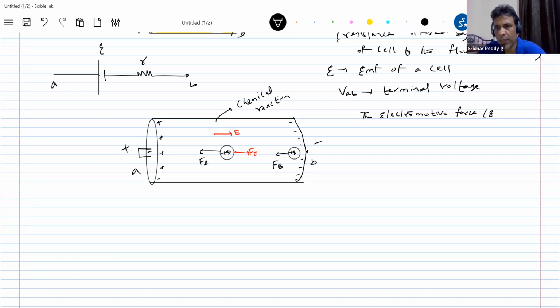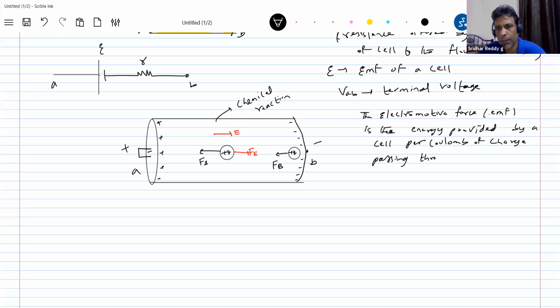In brief, we write like this: EMF is the energy provided by a cell per coulomb of charge passing through it. It is measured in volts.